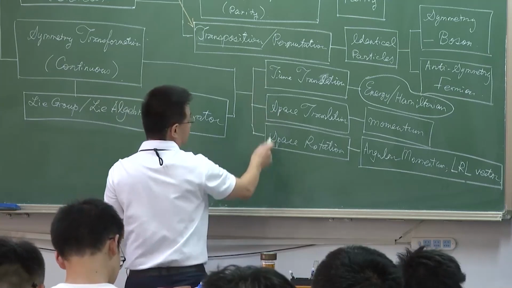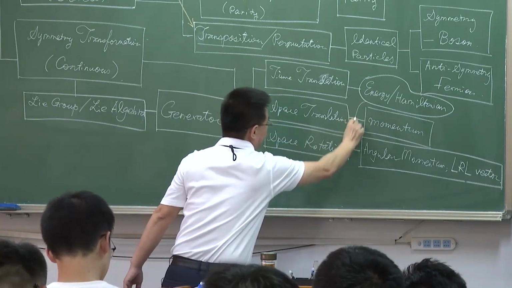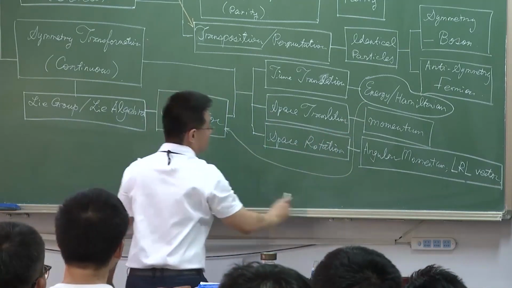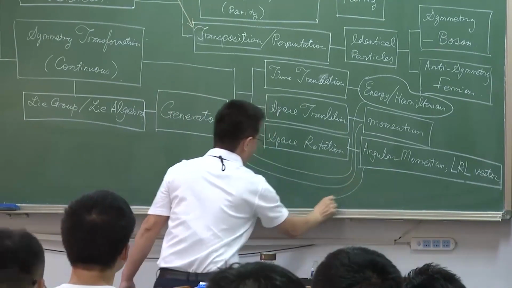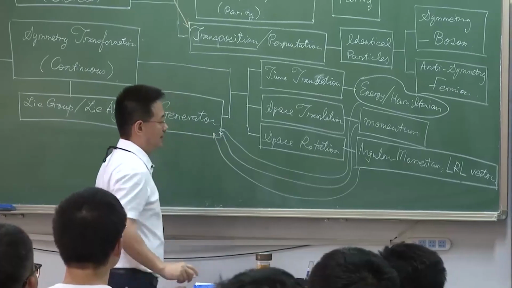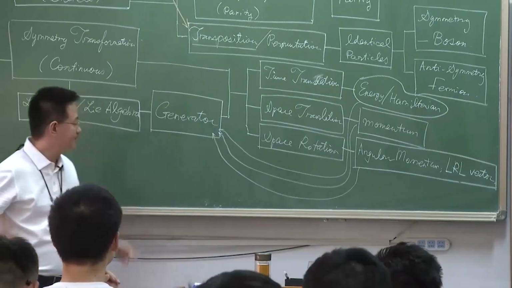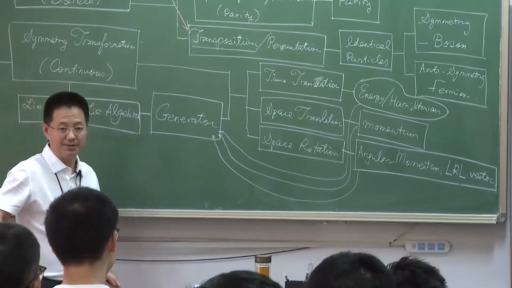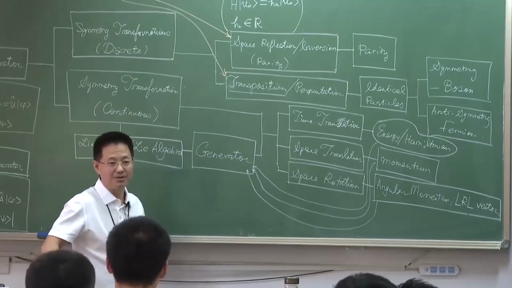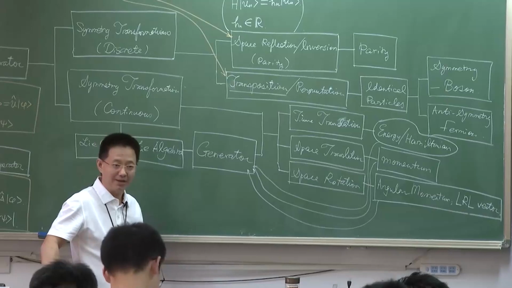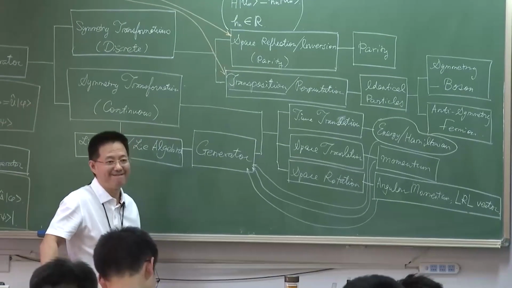So what are the operators? The Hamiltonian is the generator, the momentum is the generator, and also the angular momentum is the generator. So a generator is a Hermitian operator, used to generate a transformation.